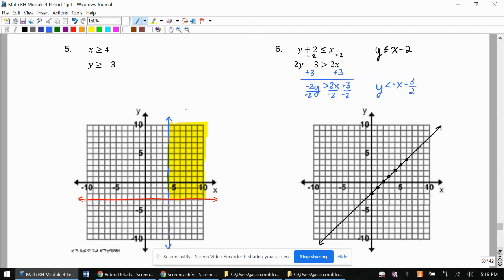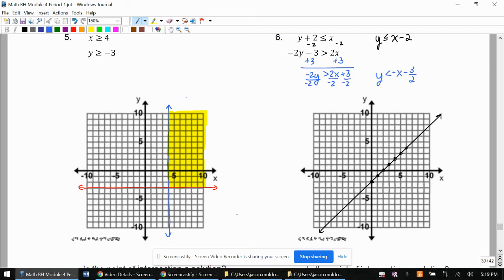And we have y. We had to flip the inequality sign because we divided by -2. y is less than -x minus 3/2. We're going to need to do some estimating with this. So this one is at -1.5. And we're going to go down 1, right 1.